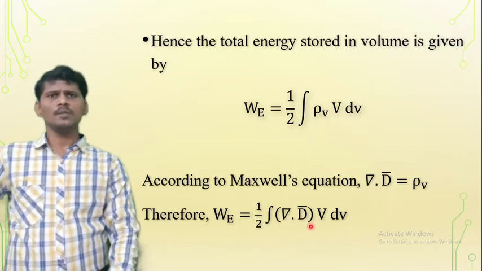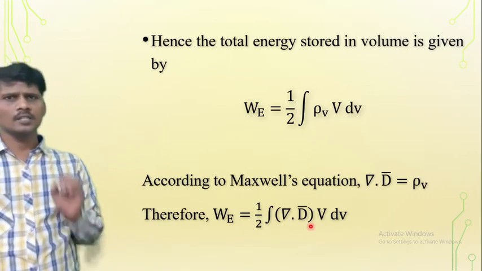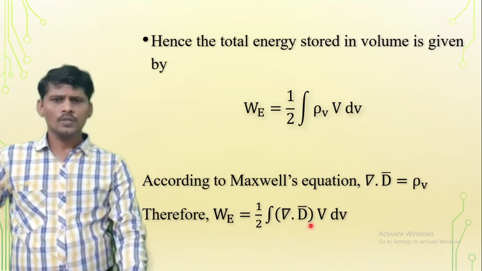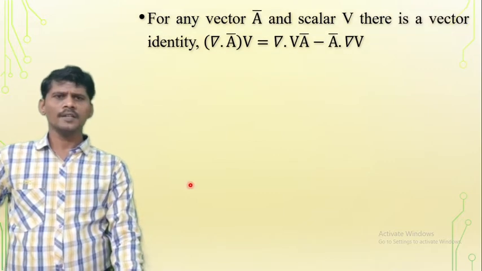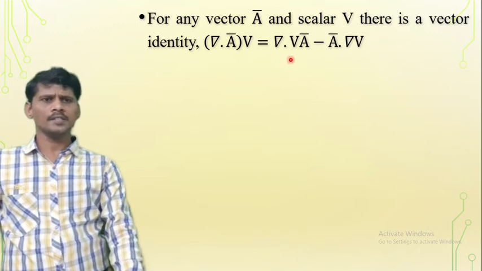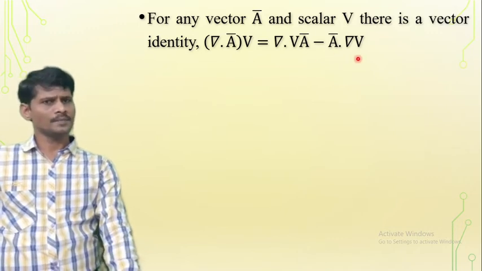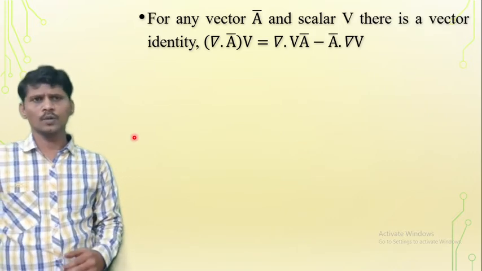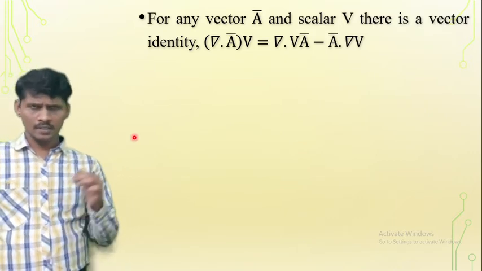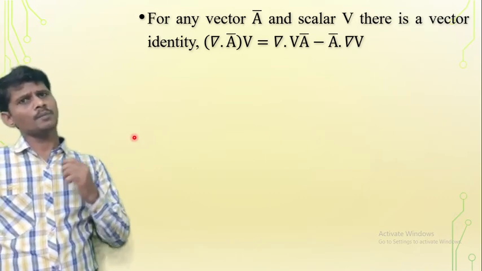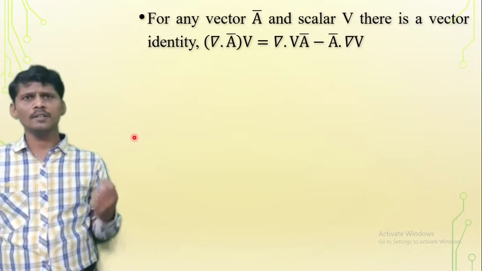Now here D bar is the vector quantity and V is the scalar quantity. For any vector A bar and scalar V, using the vector identity, del dot A bar into V is equal to del dot VA bar minus A bar dot del V. In the above equation, del dot D bar into V, D bar is the vector and V is the scalar.